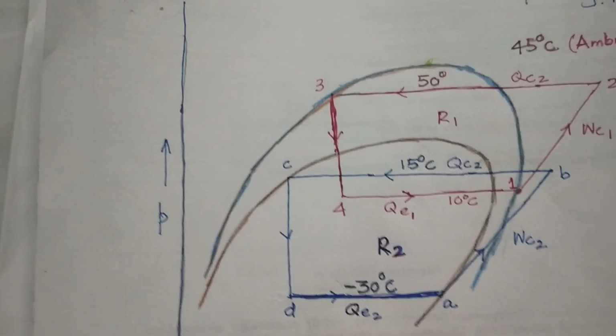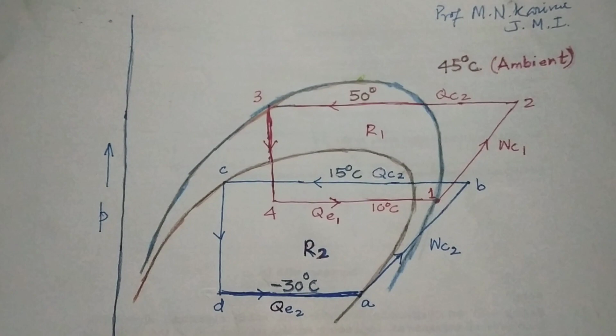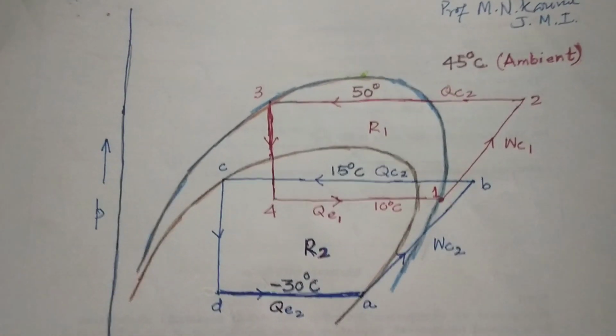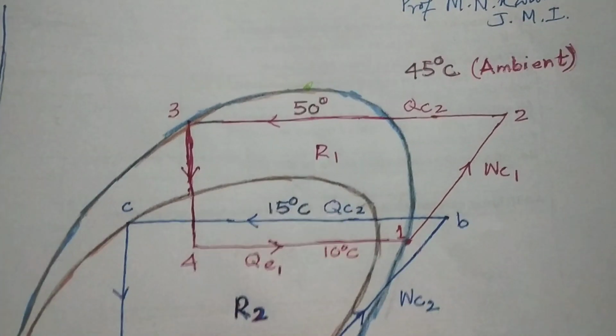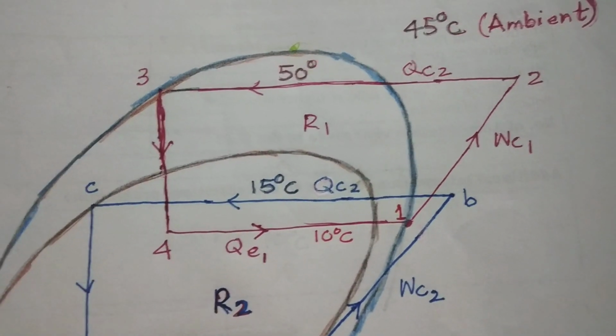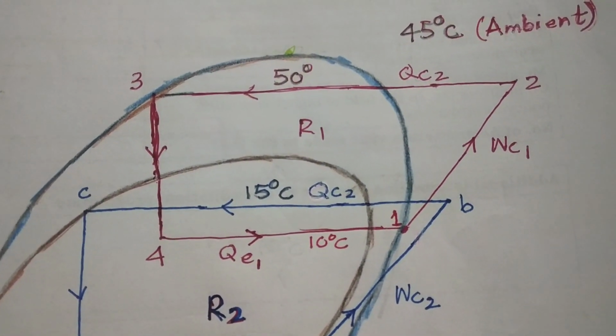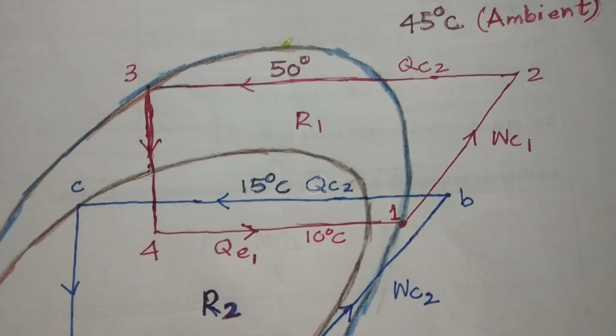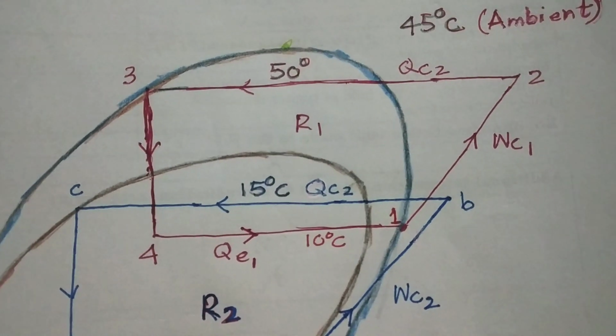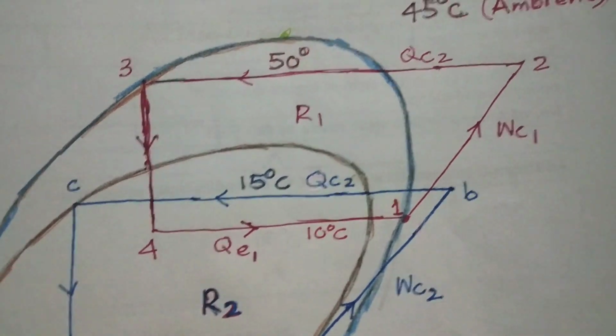So let us now understand vapor compression system 1 and 2 on the pH chart. If we see vapor compression system 1, it has state conditions 1, 2, 3 and 4 as shown with the red process lines.